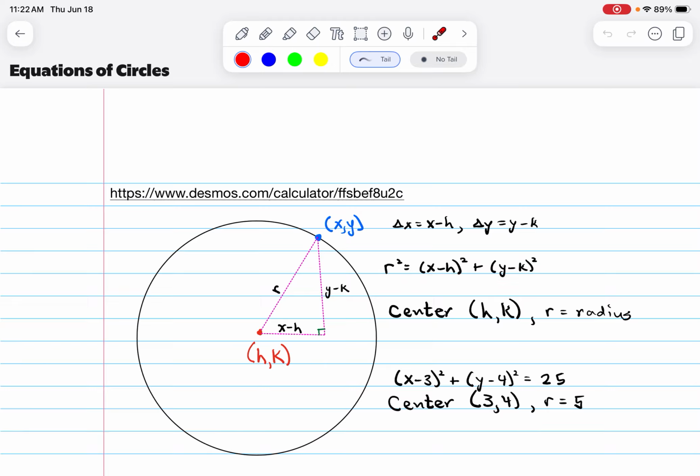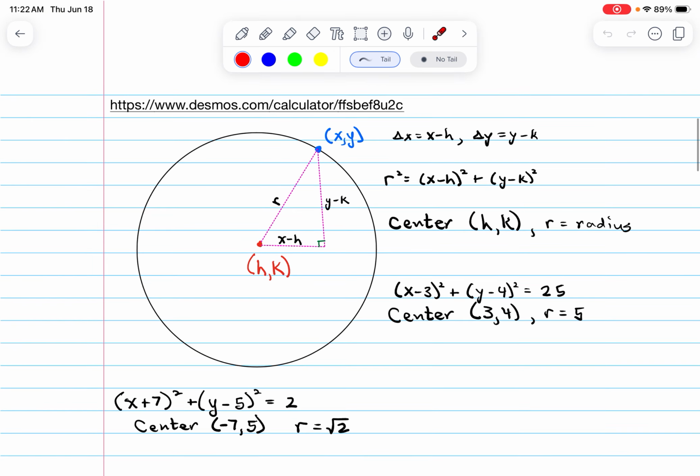See? c squared equals a squared plus b squared, but this is playing the role of a, this is playing the role of b, and this is playing the role of c. So you can see here that we get the formula, an algebraic expression for this circle. A circle of radius r that's centered at (h, k). And dig this, here's the center, (h, k), the radius is r.